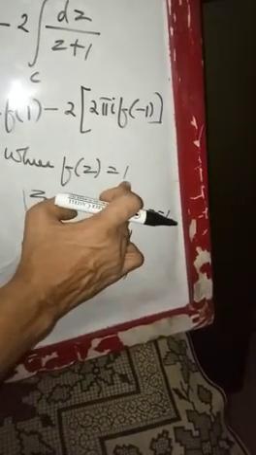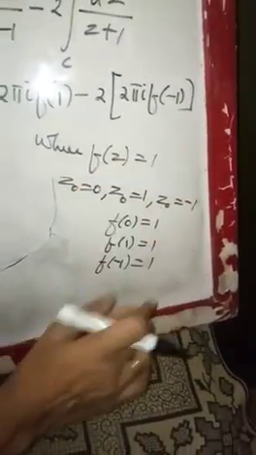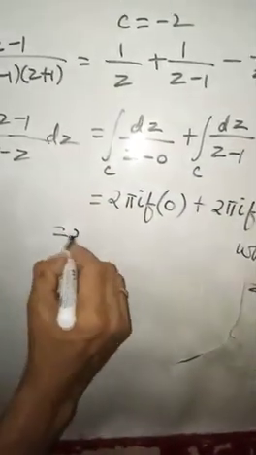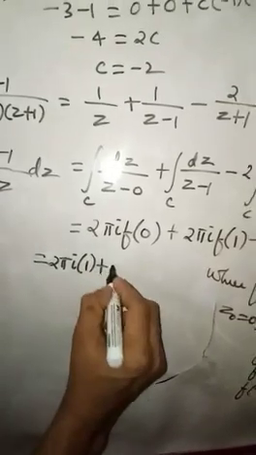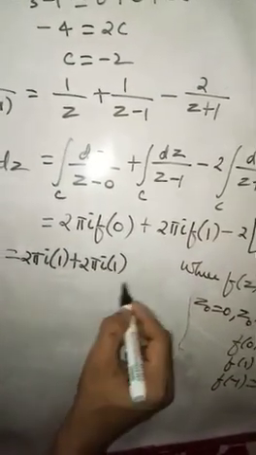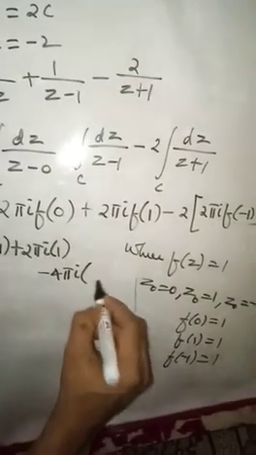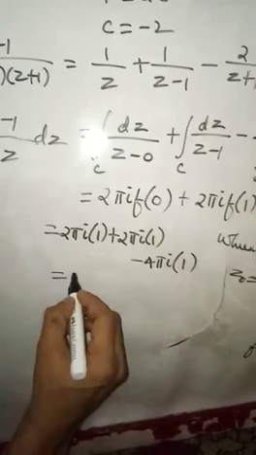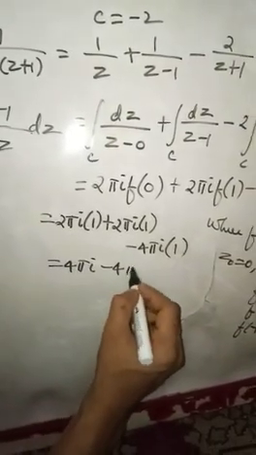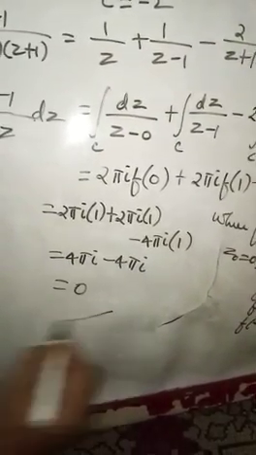If this is constant, if you put z equal to any value, that constant remains the same. So substitute here. 2 pi i into 1 plus 2 pi i into 1. This minus 2 into 2 is minus 4 pi i, f of minus 1 is also 1. So 2 plus 2, 4 pi i minus 4 pi i, which is equal to 0. So this completes the second solution.